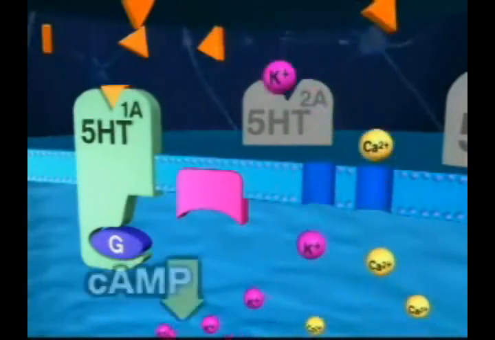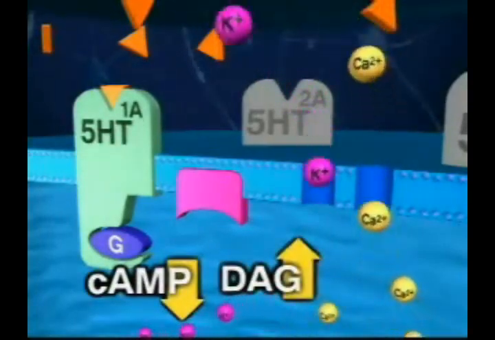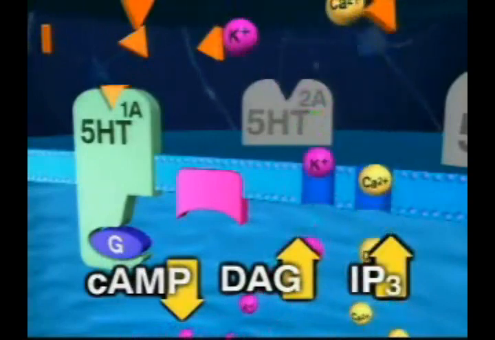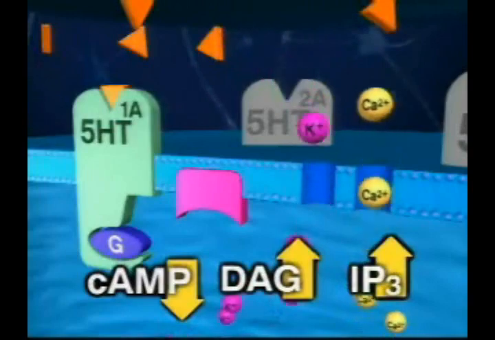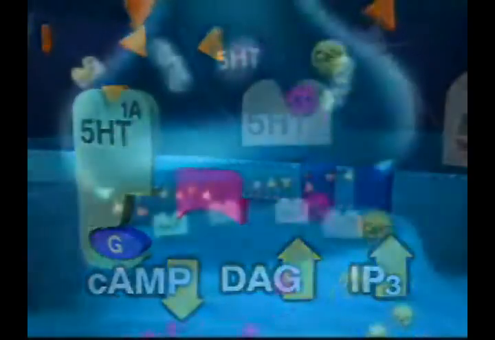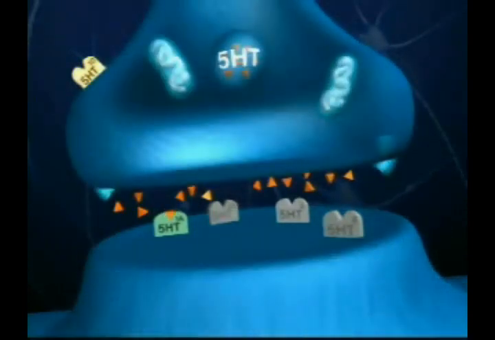Consequently, levels of cyclic AMP decrease, while diacylglycerol and inositol triphosphate increase. Because of this inhibitory effect, the action potential along the postsynaptic neuron is considerably weaker than along the presynaptic neuron.